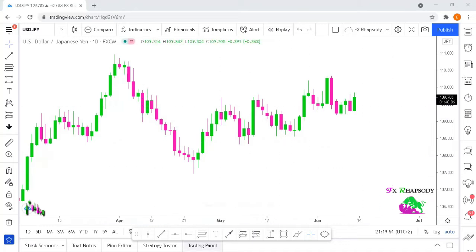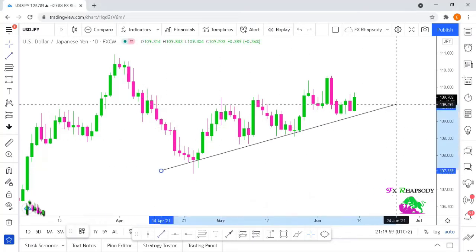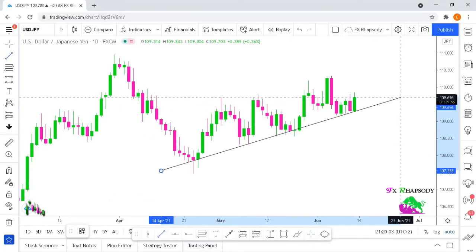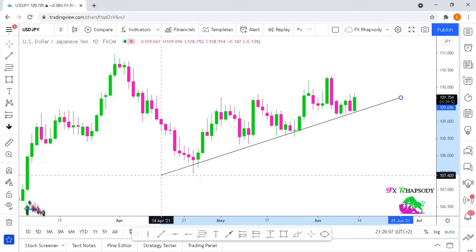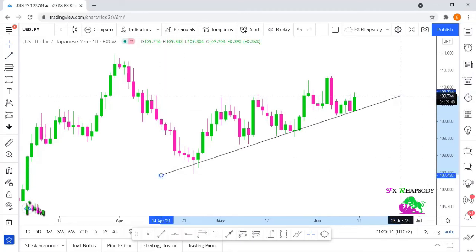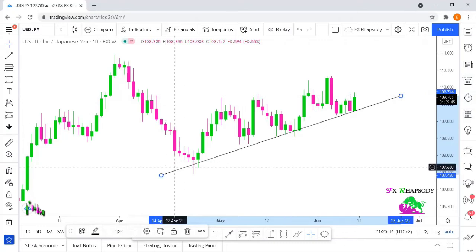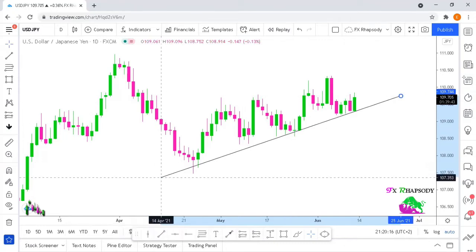So let's confirm that. What's happening here is, again, we draw more trend lines. Over here, again, I just like to make sure that my trend lines are as accurate as possible.